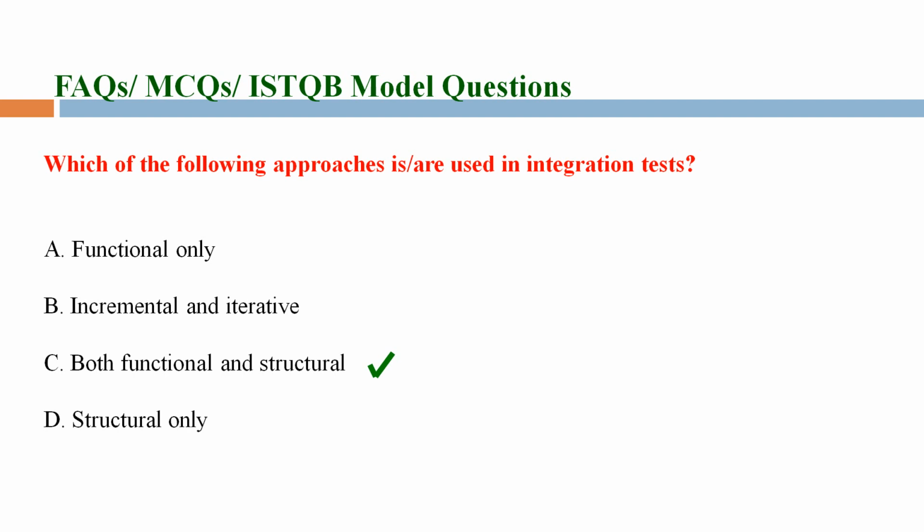Functional means how the function is working. Structural means how the code is working, whether the code has any errors or not. So functional only and structural only are wrong, and incremental and iterative is also wrong, because these are categories of software development life cycles.